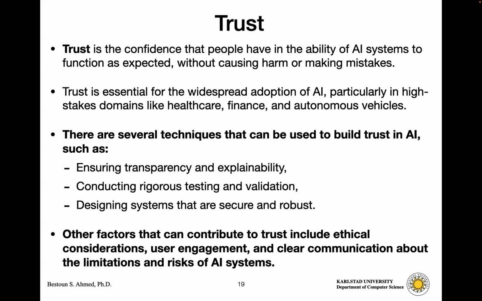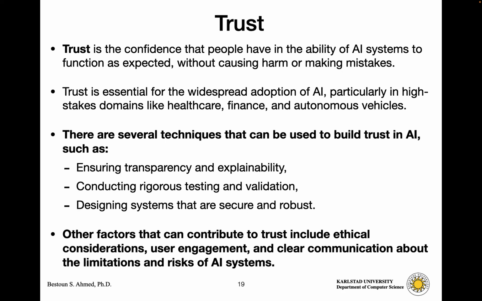How to do this? It will come back again to fairness and reliability and things like that. There are several techniques, for example, transparency and explainability. Testing and testing and testing and validation. That's very important to show that you have done a lot of testing to your AI system.